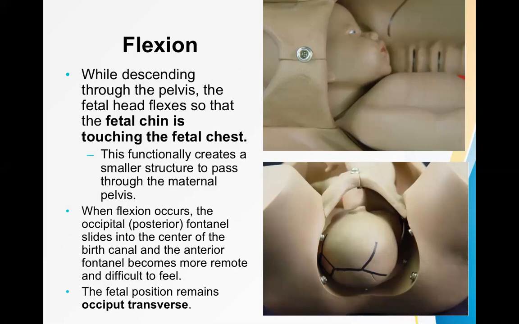It is going away from the birth canal, but the posterior fontanelle is coming to the center of the birth canal and it is easier for us to palpate. This is all caused by flexion of the head and neck. In this mechanism, the fetal position is still occipito-transverse, which you can clearly see on the picture. This is called occipito-transverse, see there, exactly transverse position. Let's move on.